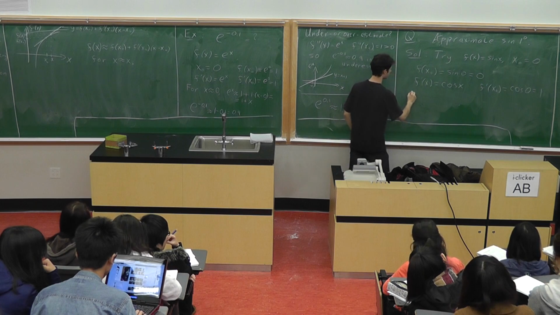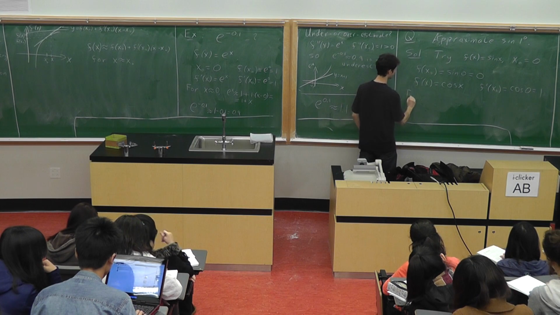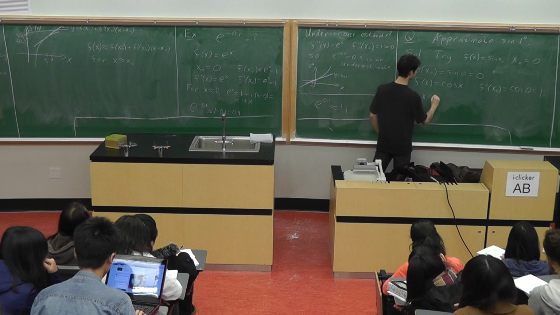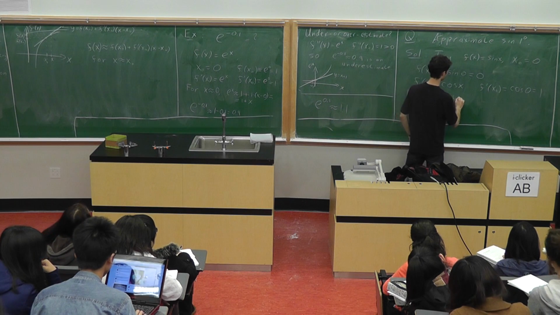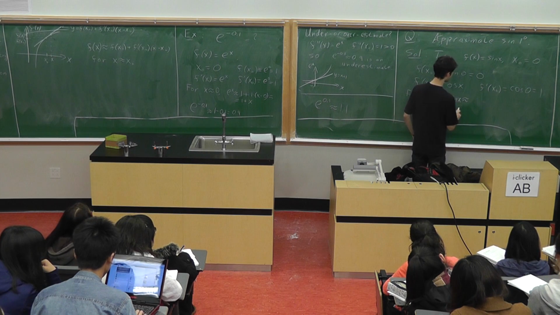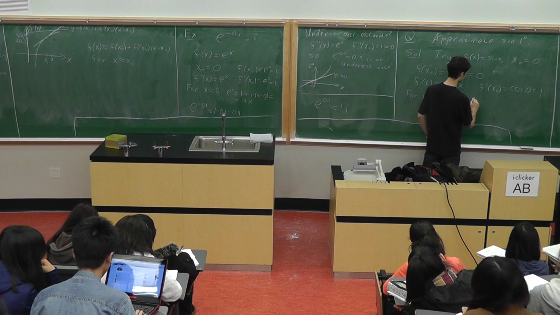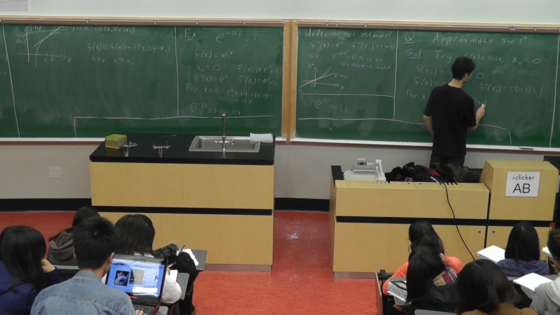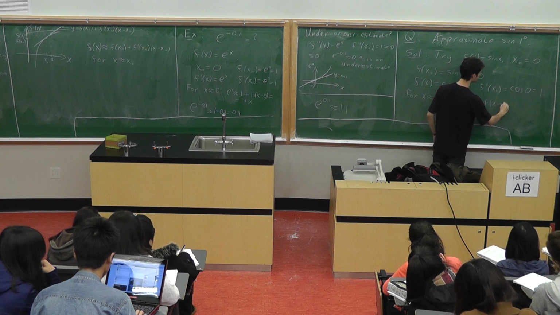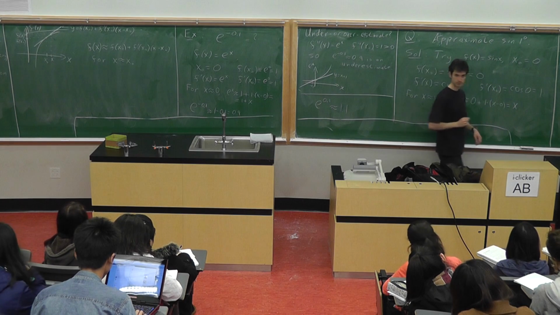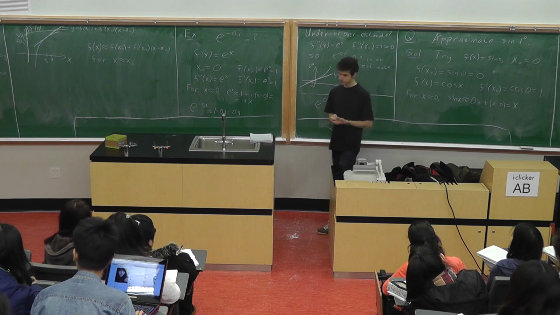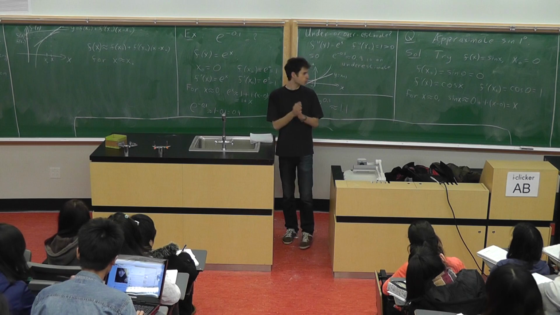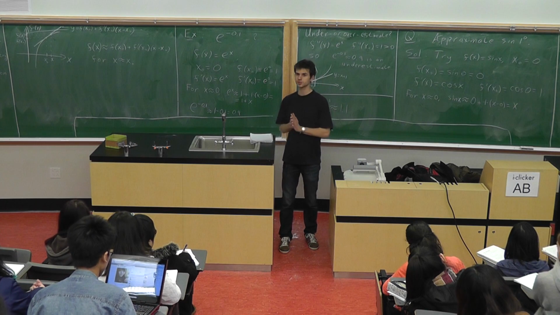So I get the following approximation for x close to 0: sine of x is approximately 0 plus 1, the derivative, times x minus 0, which is x. So for small x, sine of x is approximately x.